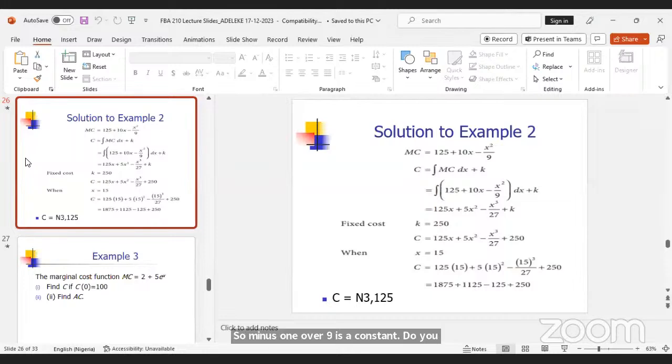Yes, sir. So I'm integrating x squared. If you integrate x squared, it gives you x to the power of 3 all over 3. So the 3 at the denominator of your x cubed will multiply 9. So minus 1 over 9 times x cubed all over 3 will give you x cubed all over 27.